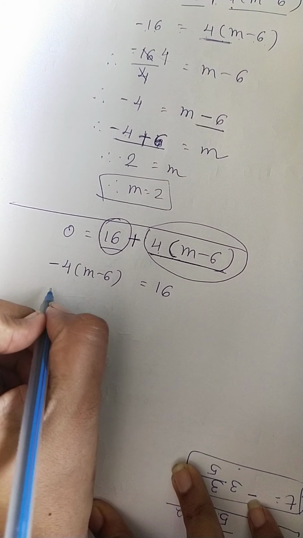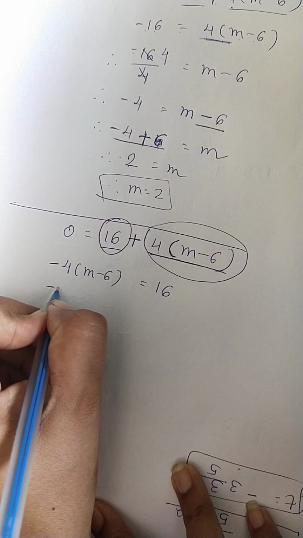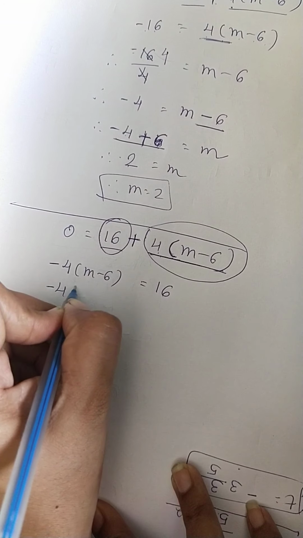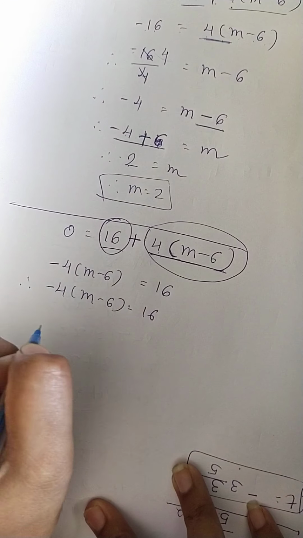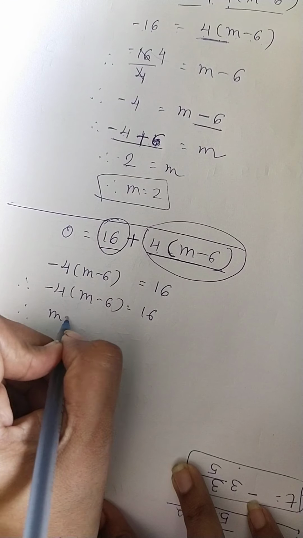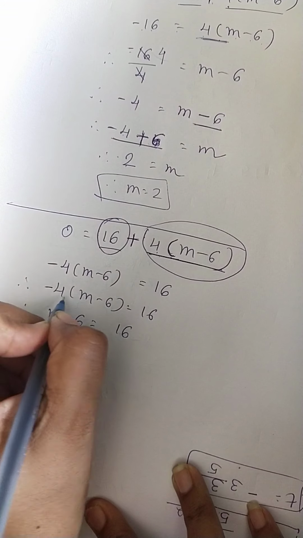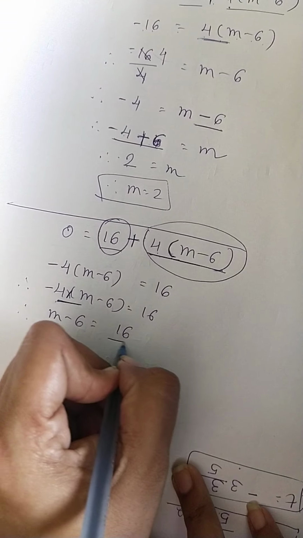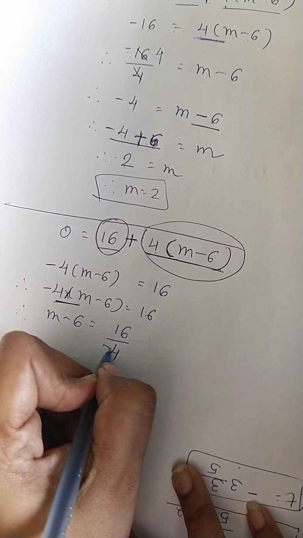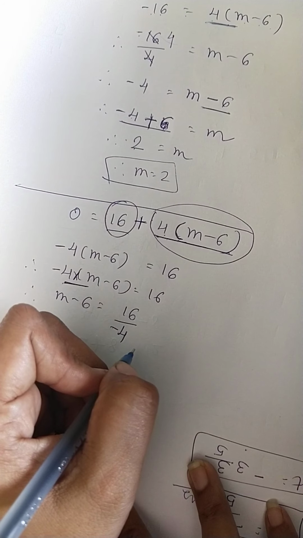Answers are same only. Negative 4 into m minus 6 is equal to 16. Now m minus 6 as it is. Now see what is the relation? Here it's multiplication, so it will go to the denominator with its sign.